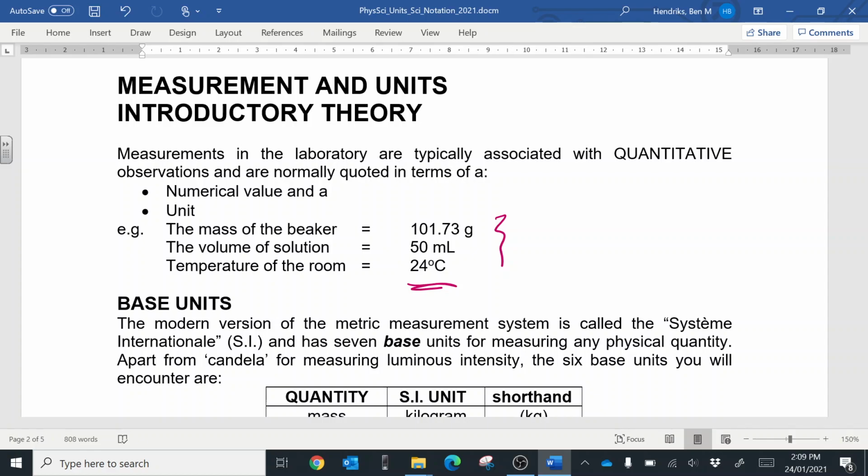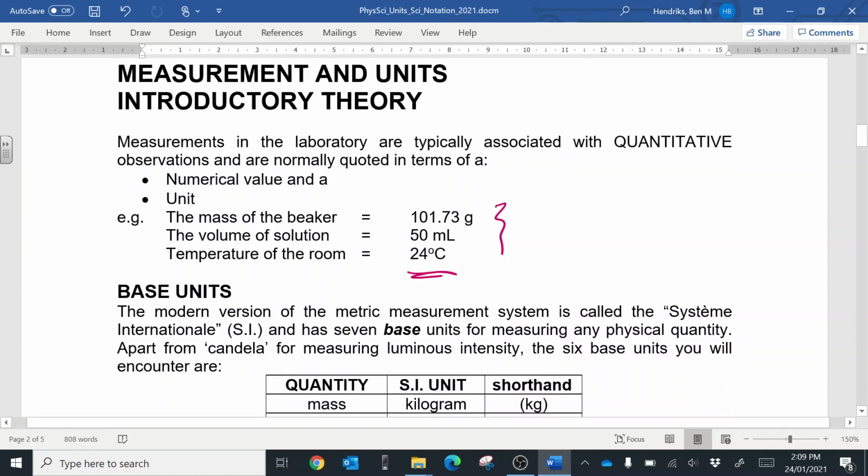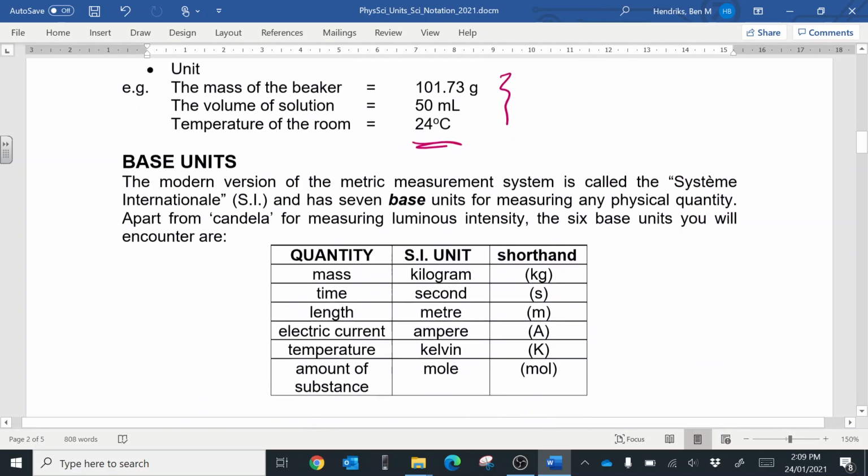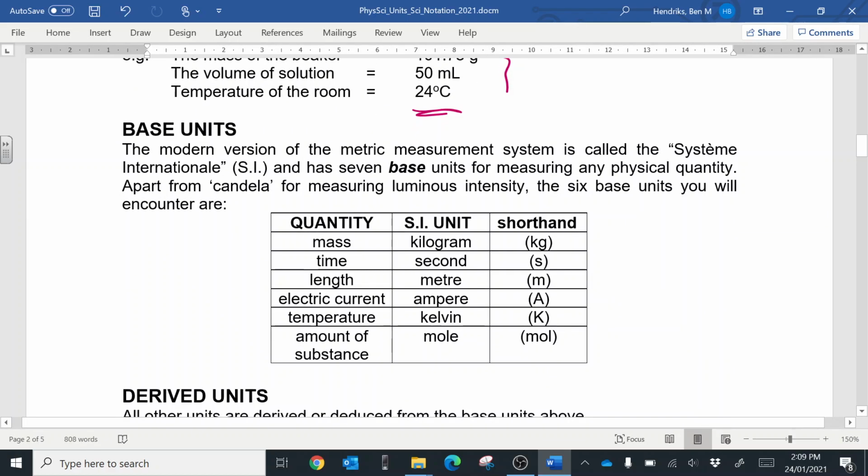But in science we need to have a kind of a uniform standard, just to try and avoid things like happened with the Mars Climate Orbiter. And so we have a measurement called the Système International. It's a French system, and my French is terrible, so just excuse me there.